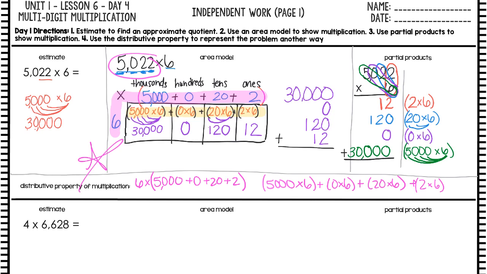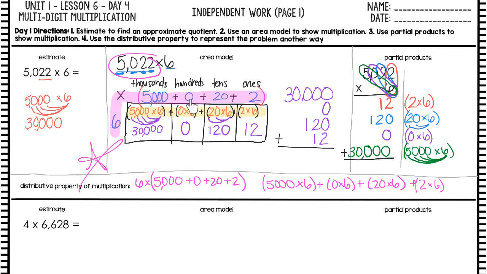Usually I go back and make sure that I wrote them correctly here and here. So if I made an error in my area model, I would go back and check. Did I put 5,000, the value, or did I just put 500 or 5? That'll make it a lot different.